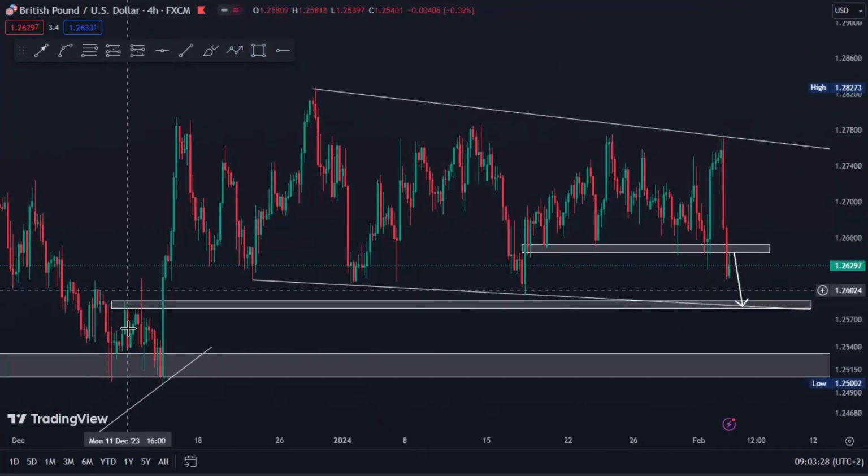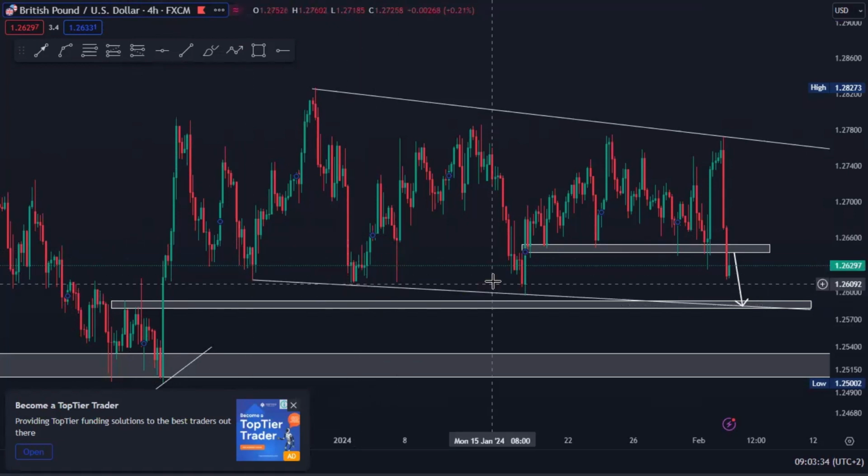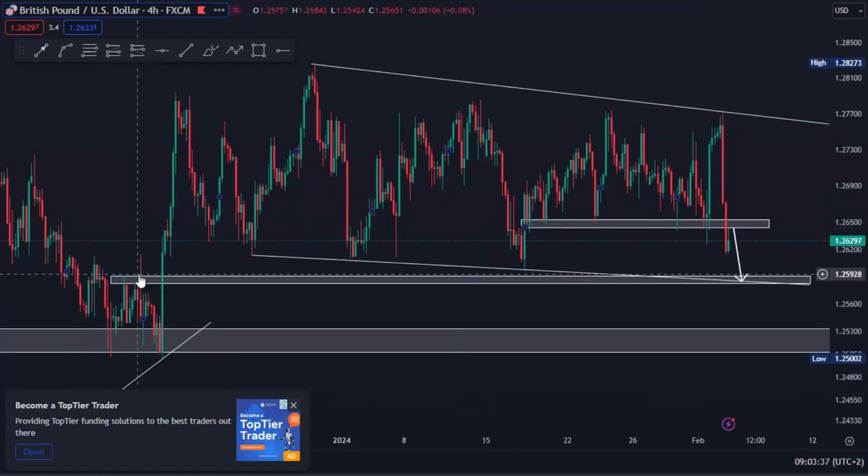We have this area which has never been retested. The market just went up, didn't come back into the tested zone, and it just played there. And now we have this area that hasn't been retested, right? We also have a 1, a 2, and we're waiting for a dead touch.